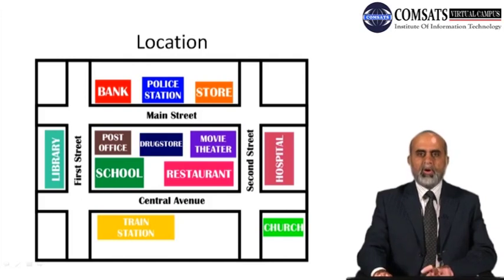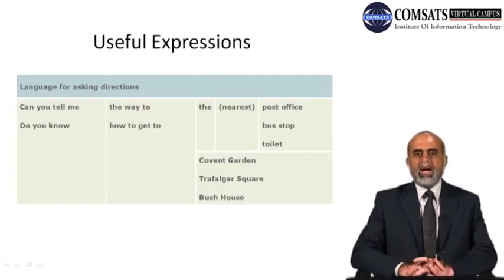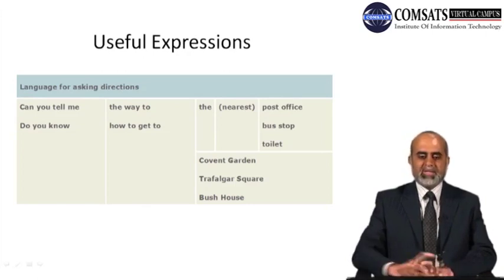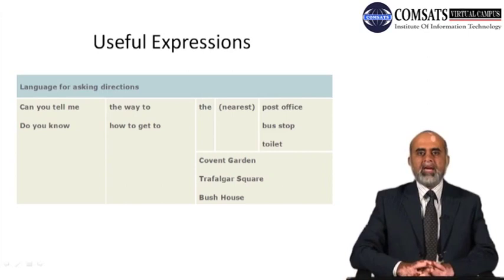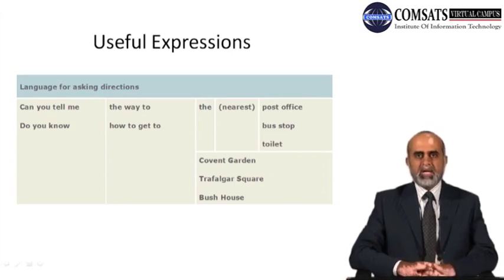Okay, we move on and we look at some useful phrases or expressions that we can use for asking directions. So far we have only practiced language for asking locations, but now we are going to practice language for asking directions.